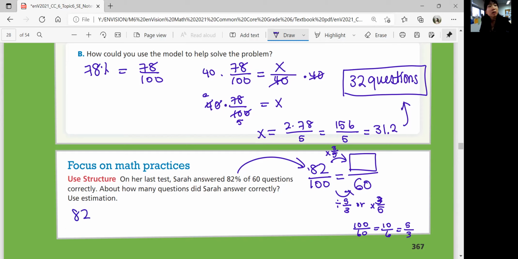So 82 times 3 over 5 is 246 over 5. Okay, 246 divided by 5 is 49.2.